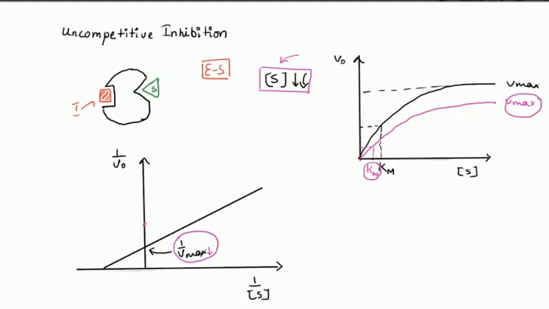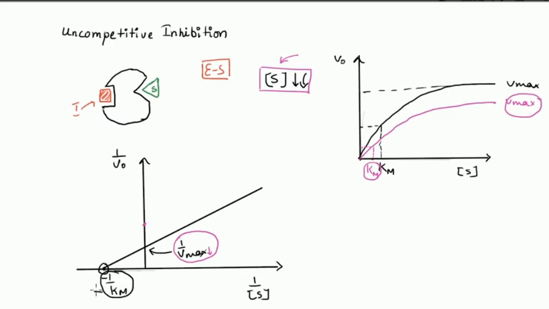And we had the minus 1 by Km over here, this point. Now, the Km is also decreasing in this case. So the overall negative 1 by Km should also be more negative, or shift towards the left.